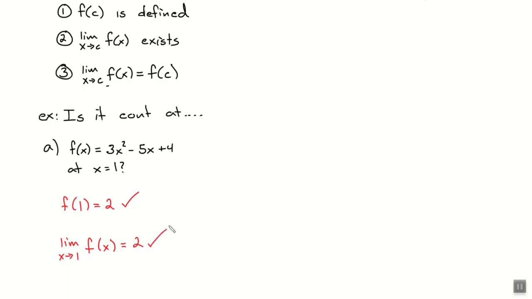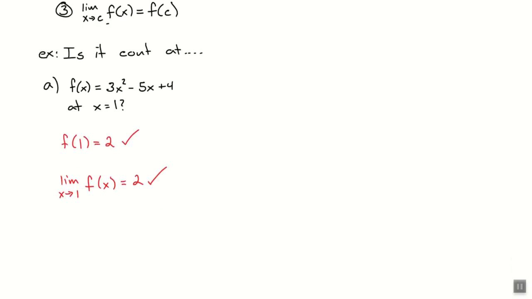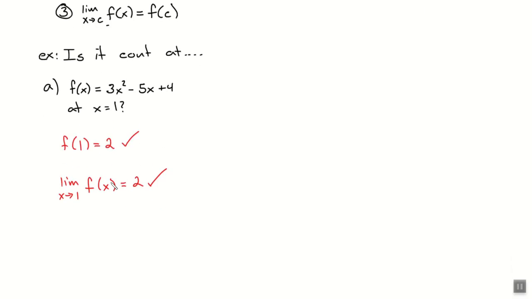I'm good with it. From just these two things, realistically, the third one's just a nice little check. I'm not going to rewrite all this, but I just want to know, are these equal? I think so, right? F of 1 was 2 and the limit was 2. Okay, so check. Therefore, what do we conclude?